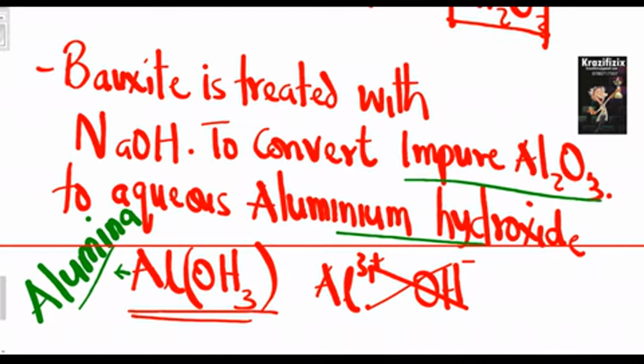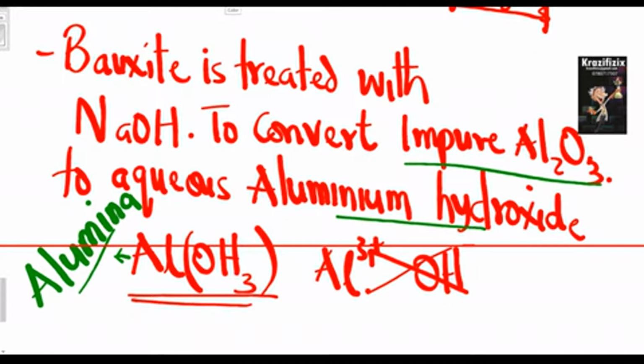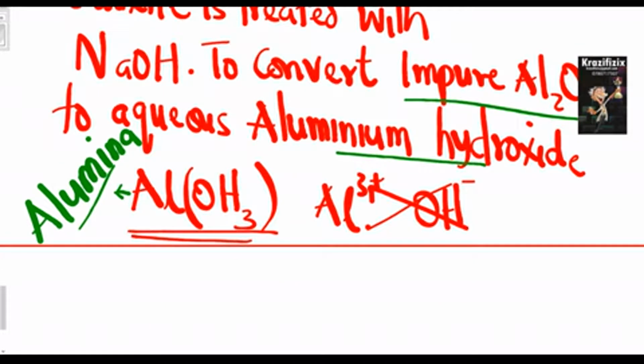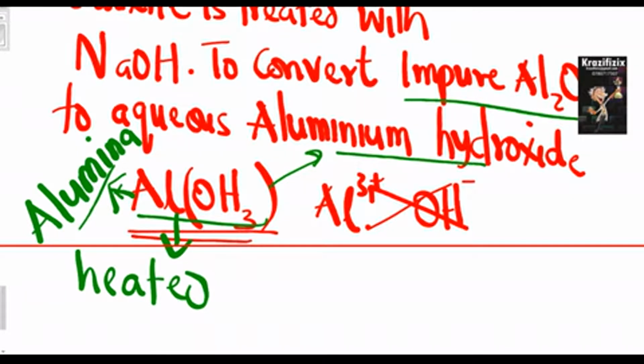So bauxite is treated with sodium hydroxide to convert the impure aluminium oxide into aluminium hydroxide. This is now heated and converted into alumina. That's where alumina comes in.